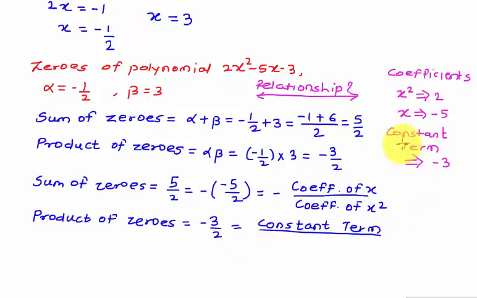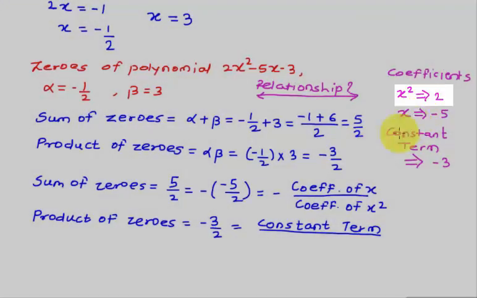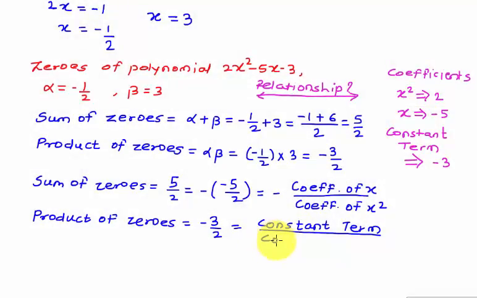So what is 2? 2 is nothing but coefficient of x square. Hence we have established the relationship between the zeros of the polynomial and the coefficient such that sum of zeros is nothing but minus coefficient of x divided by coefficient of x square, and product of zeros is nothing but constant term divided by coefficient of x square.